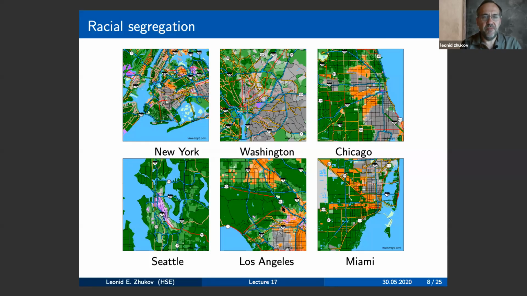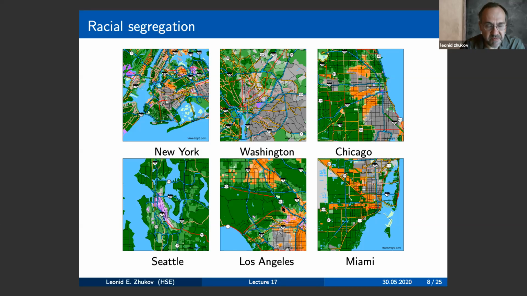All right, so the fact that racial segregation exists, well, it is a fact, right? And these are the maps for the United States, where racial segregation is a problem. And by the way, if you're watching the news, there have been a lot of racial tensions within the last 2 days in the US.